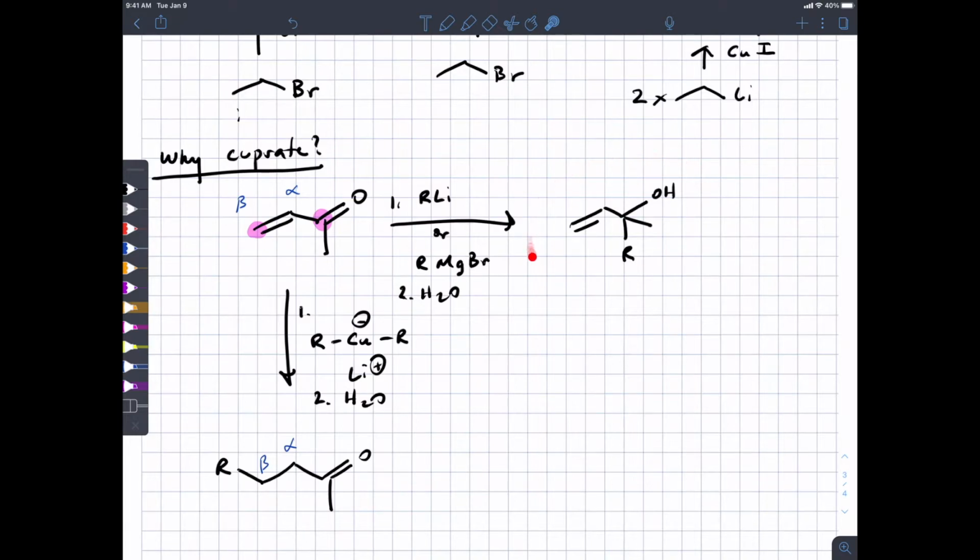And notice how different these things are. This is still a carbonyl, this is still an alcohol. We have a new carbon-carbon bond here at a totally different part of the molecule. That's flexibility, that's diversity. And when you're in the pharmaceutical industry trying to invent new drugs, being able to make as many possibilities as you can and then test them is one of the key ways of identifying new medicines.